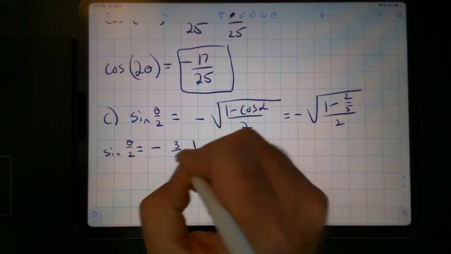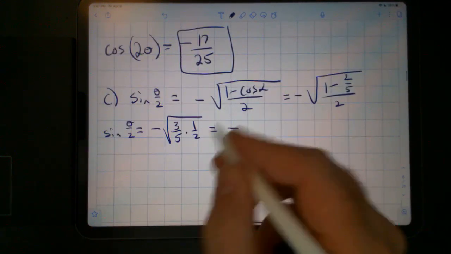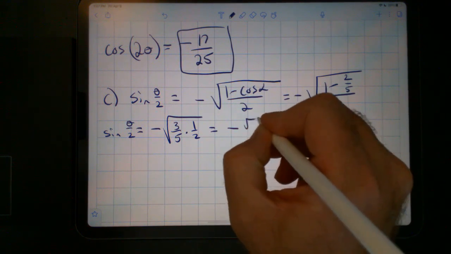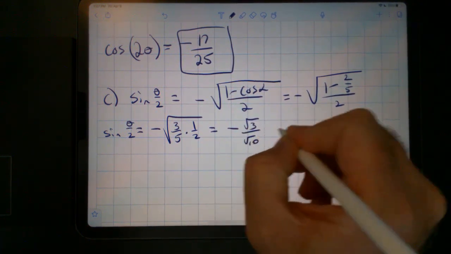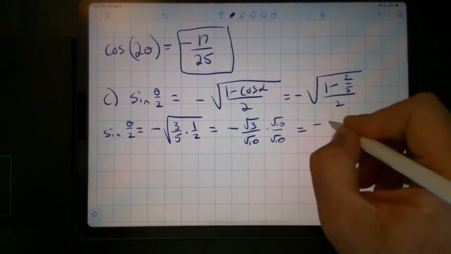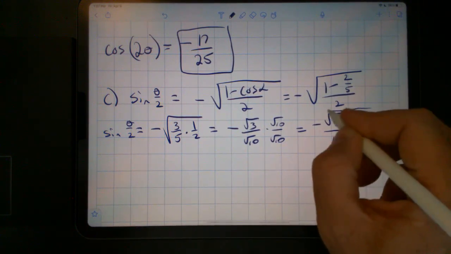And divided by 2 is the same thing as times 1/2. So this would be negative square root of 3 over 10, which is radical 3 over radical 10. Rationalize the denominator, and we get a negative radical 30 over 10.